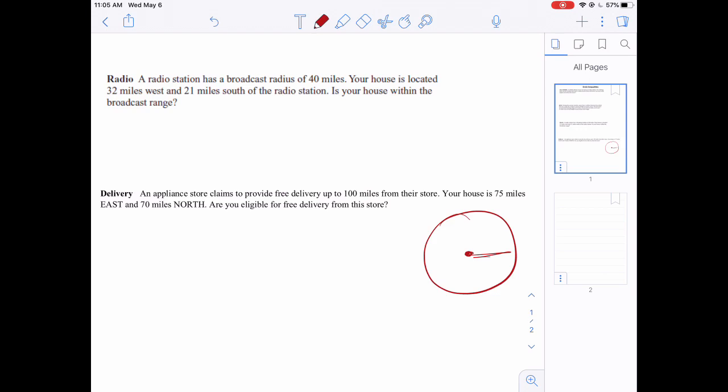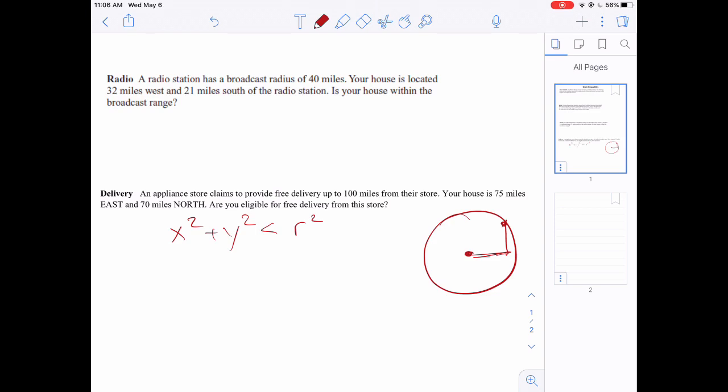You being 75 miles east and 70 north, are you in or outside that delivery range? Your distance should be less than the radius of 100 miles. So again, here's your equation for the circle: x squared plus y squared less than the radius squared. You're going to be inside for free delivery.